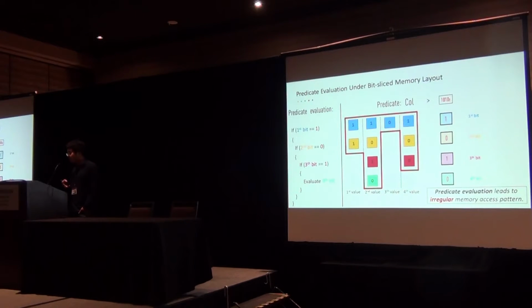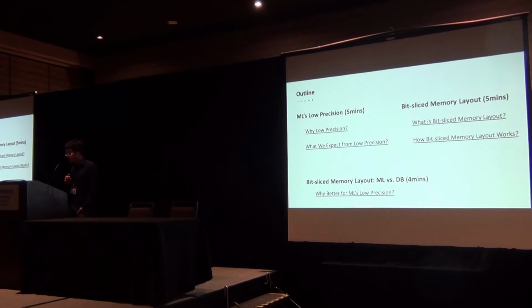But we found that practical evaluation leads to an irregular memory access pattern on the bit serial memory layout. Now I will talk about how bit serial memory layout works for machine learning low precision.